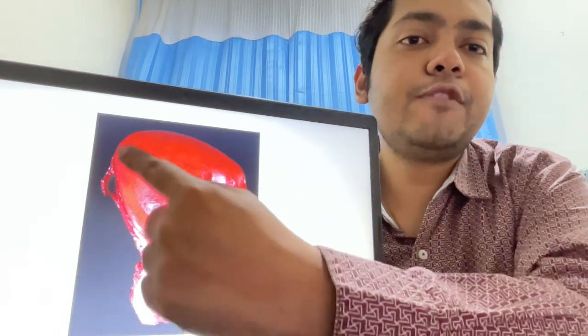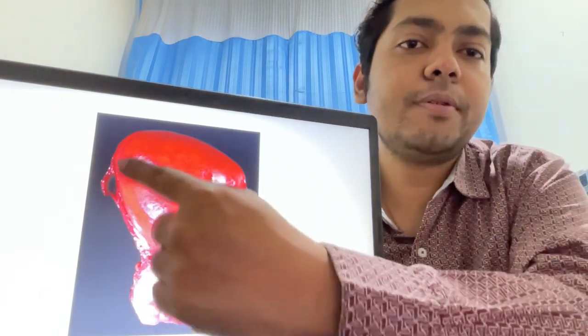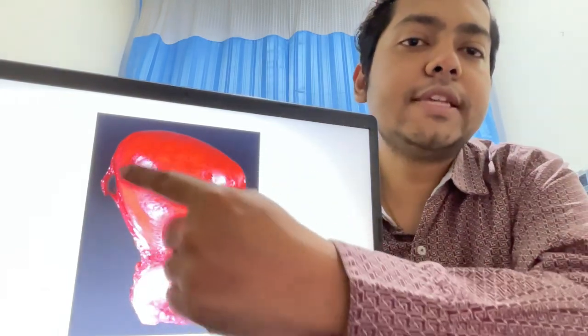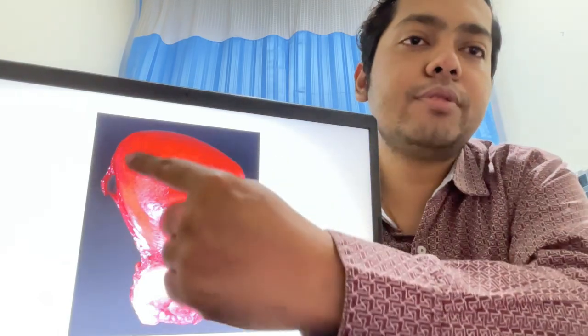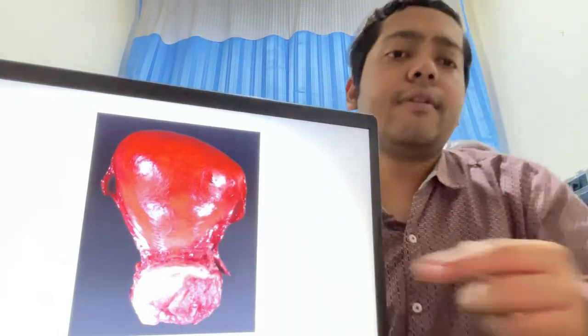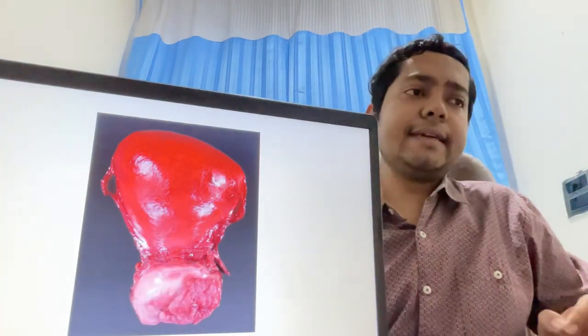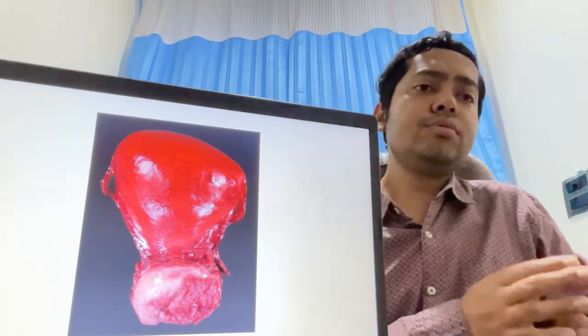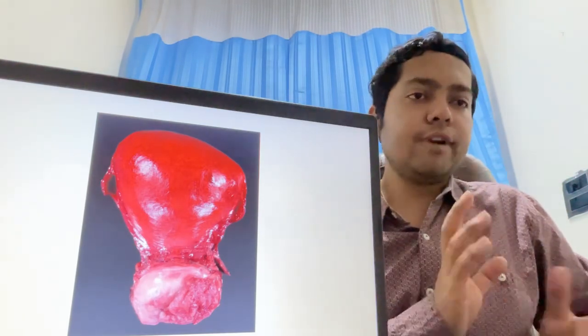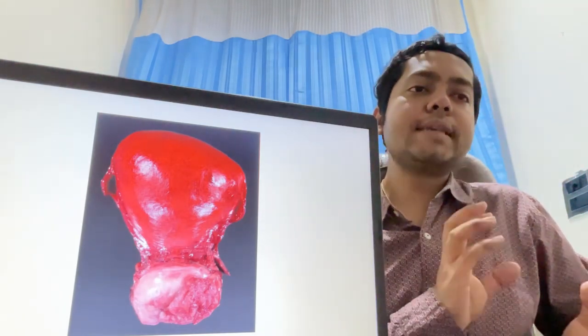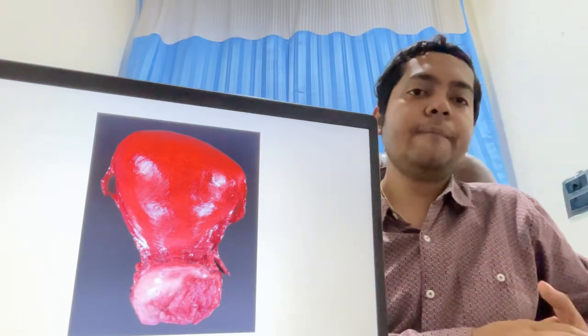Now there is a diffuse swelling on the top, okay, which is probably an intramural fibroid, okay, probably FIGO category 2 to 5, because it is intramural fibroid.